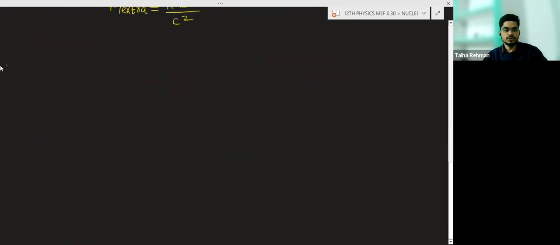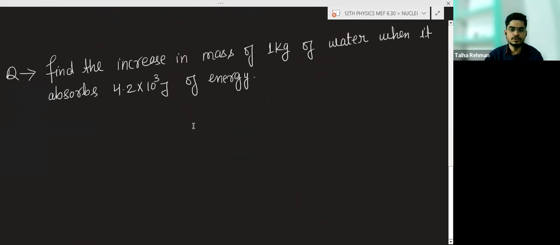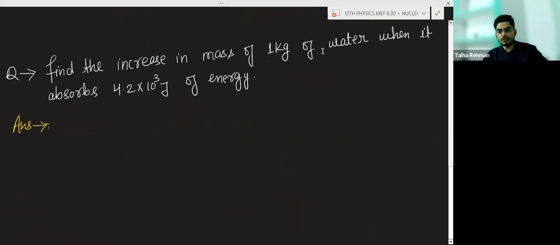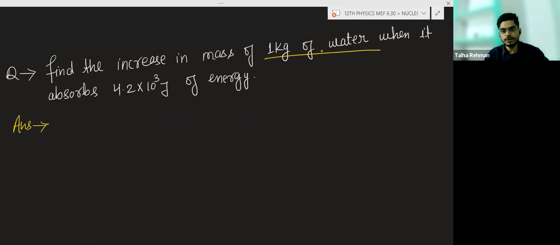Okay, one more question. This is also a very easy question. Find the increase in mass of 1 kg of water when it absorbs 4.2 into 10 to the power 3 joules of energy.